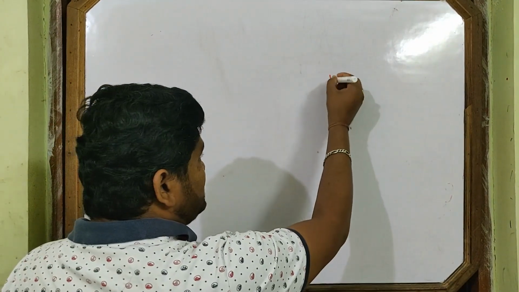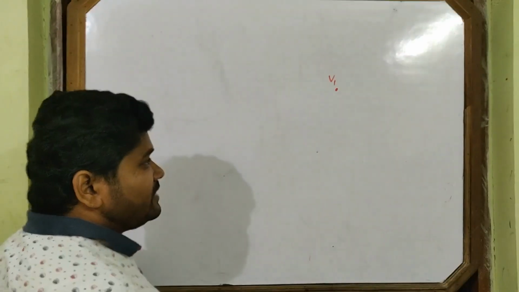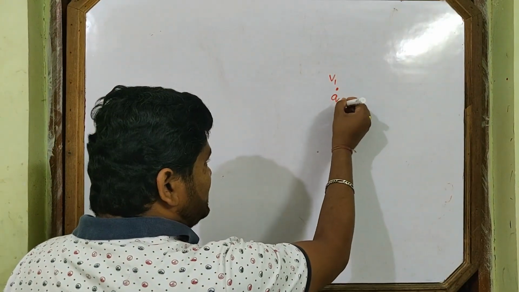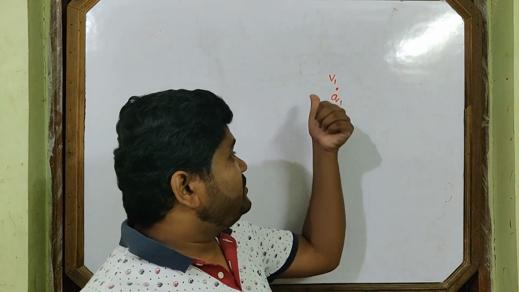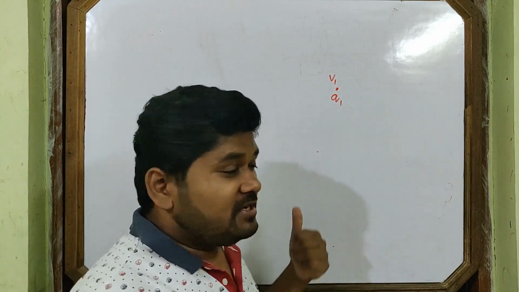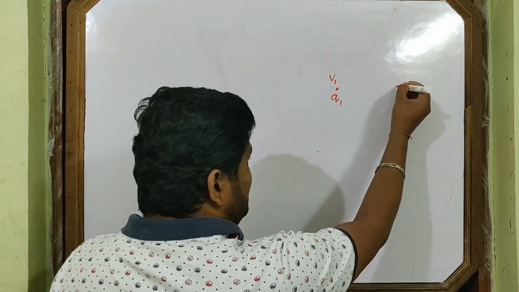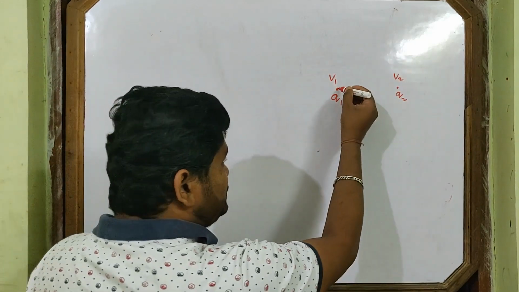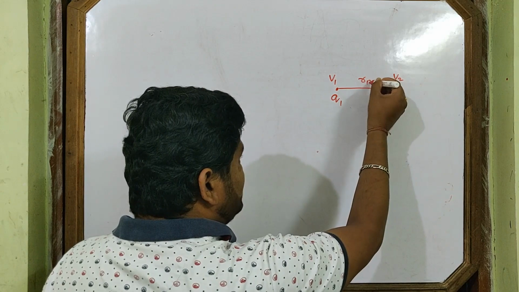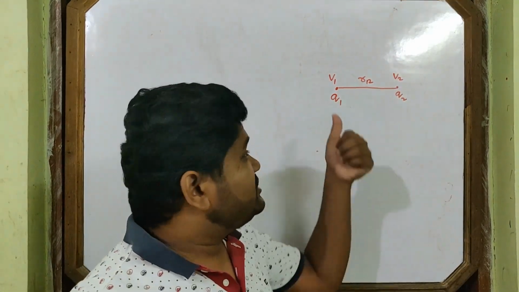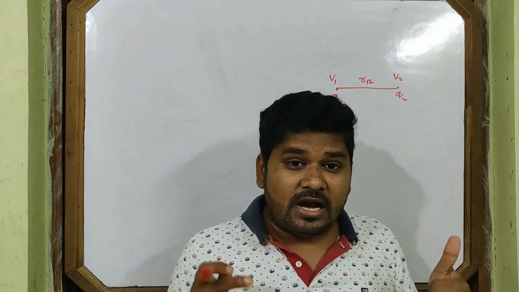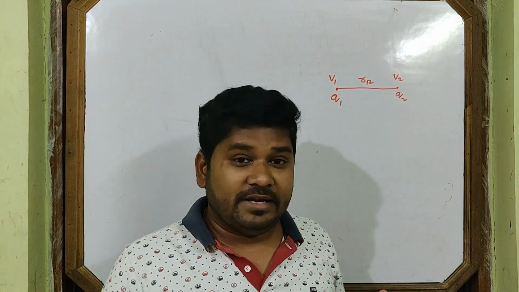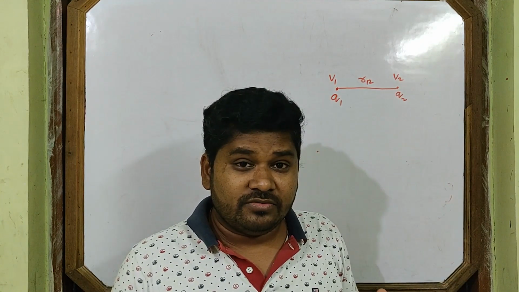Suppose this point has potential V1. This V1 potential is not of Q1. V1 potential is of the field which is present here earlier, and Q1 is placed there. At another point the potential is V2, where Q2 is placed, and the separation between them is R12. So these potentials V1 and V2 are of the external field, not of Q1 and Q2.